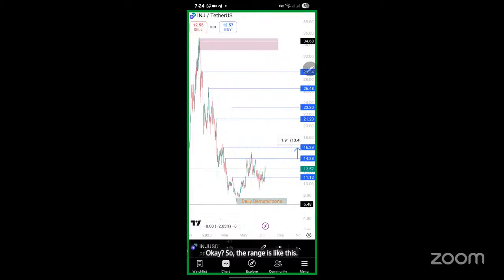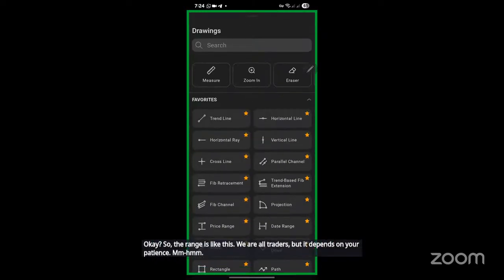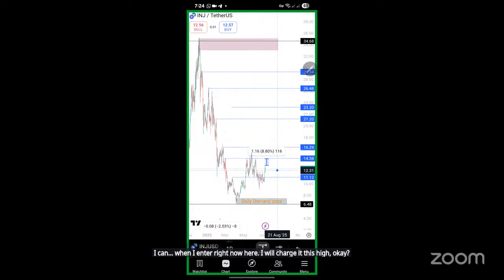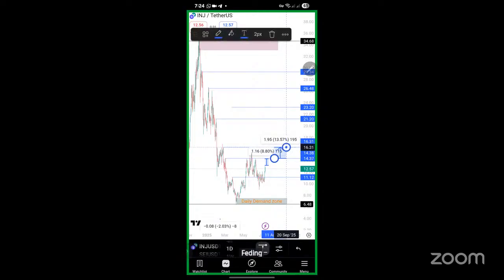We are all traders, but it depends on your patience. When I enter right now here, I will target this high. Somebody can enter here, this will be your low, and take profit here. You know, trading is a very good game.